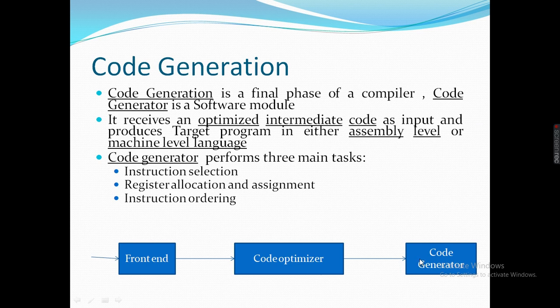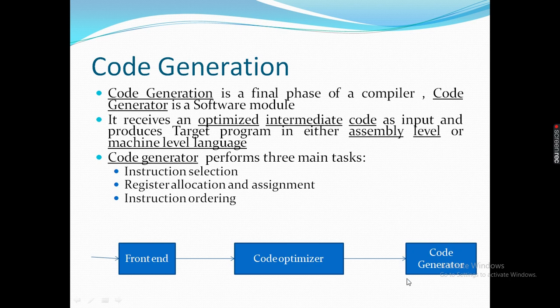The software module responsible for code generation is the code generator. The code generator receives optimized intermediate code as input and produces target program in either assembly level or machine level language.